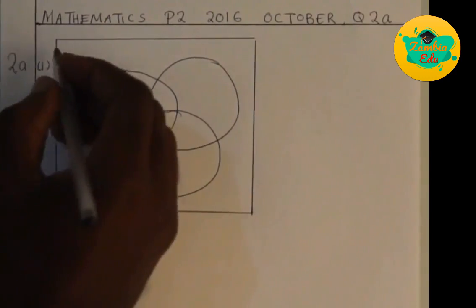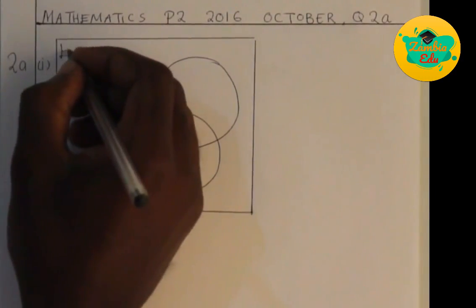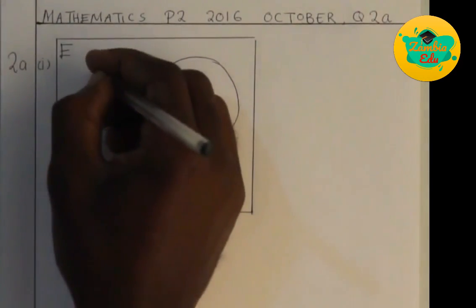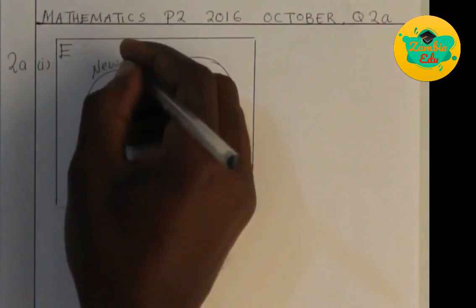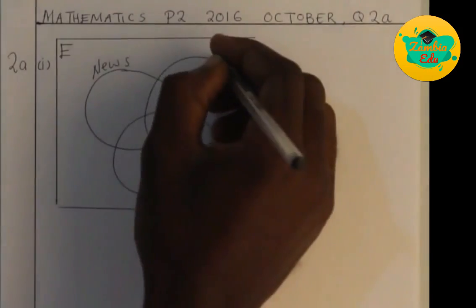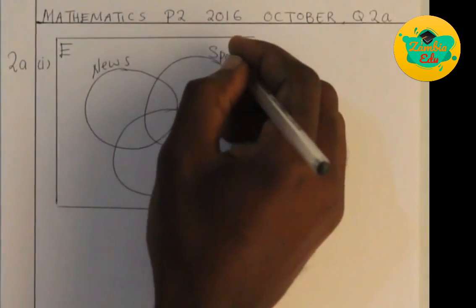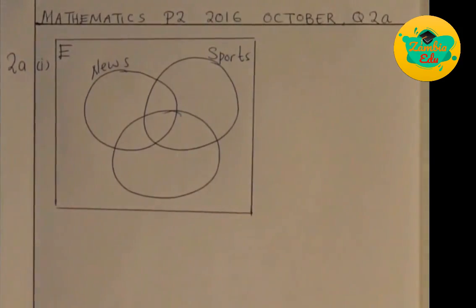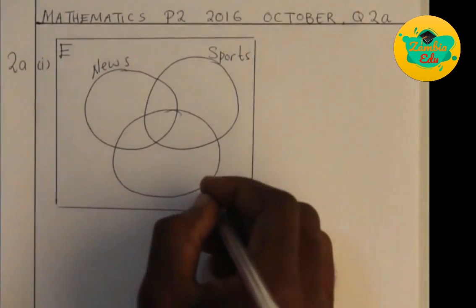So we are going to indicate that this is the universal set, which is represented by E there. Then the first circle will be for news. The second circle is going to be for sports. The third circle is going to be for music.